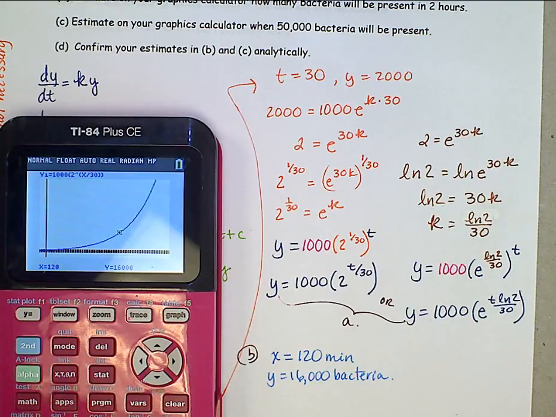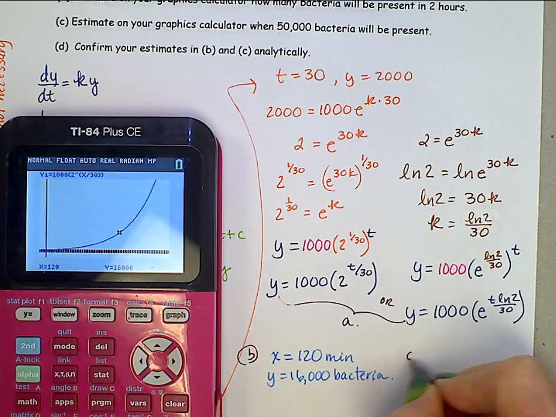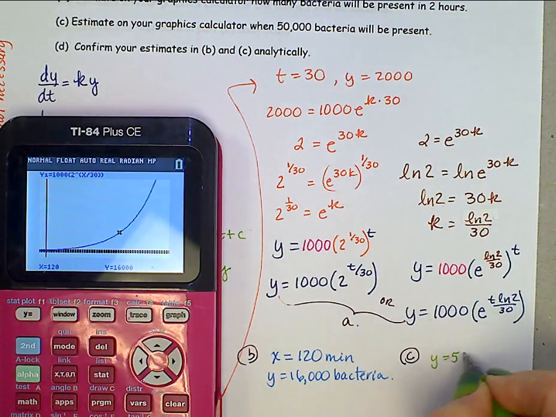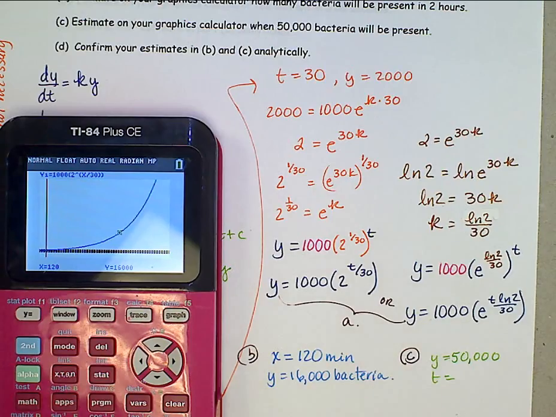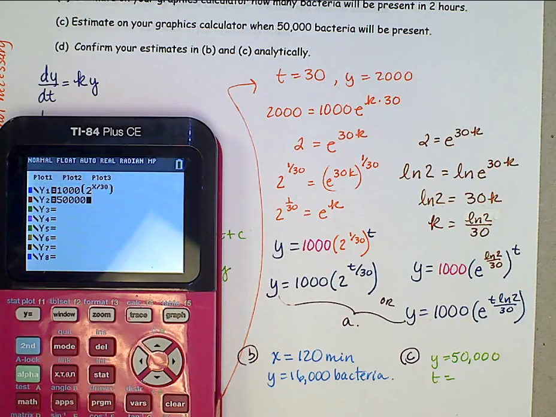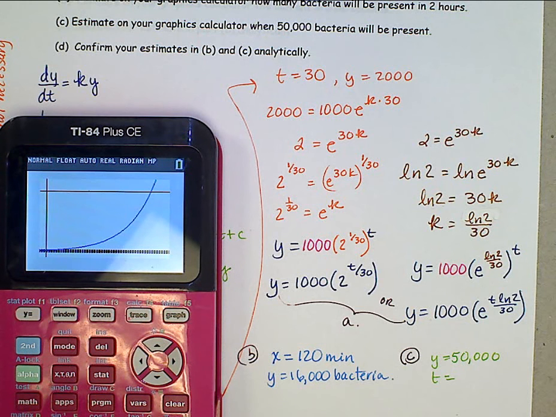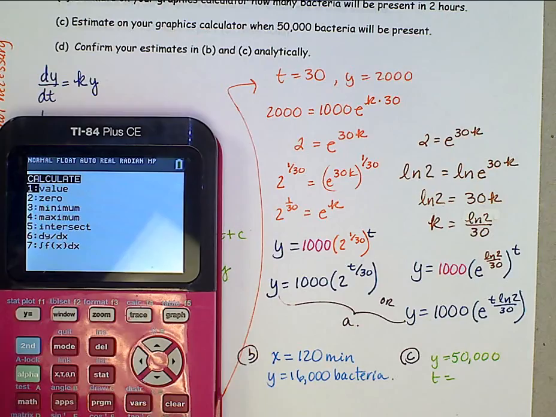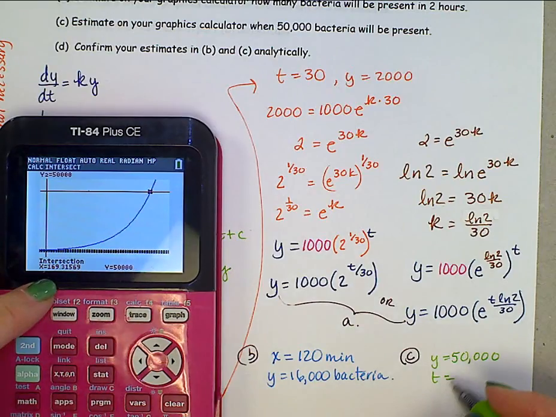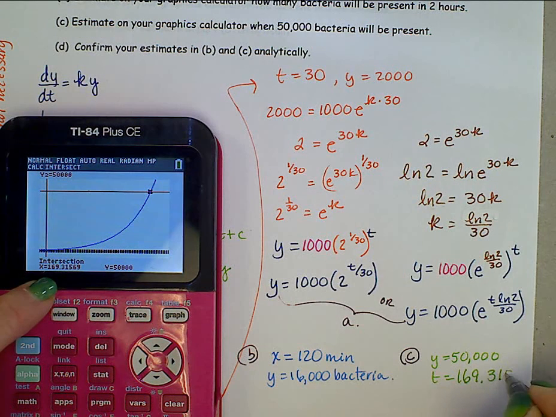Part B. Part C. This time in Part C, they tell us that Y is 50,000, and we have to find that time. The way you have to do this on your calculator is to put in the 50,000 as a Y value, graph, then do an intersect. And we will get that T, or in this case, X off the calculator is 169.315. That's minutes.